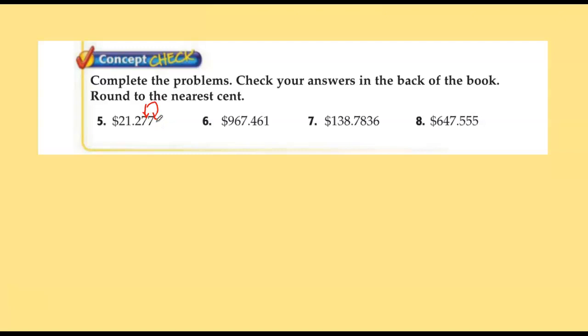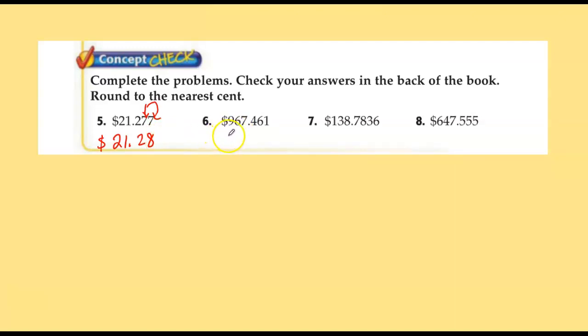If it's 5 or more, then this is going to go up. So the answer for this one would be $21.28. This is the answer you should have gotten. If you did not get that answer, then look and see what you did wrong.